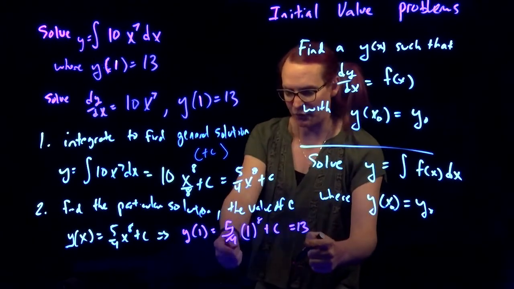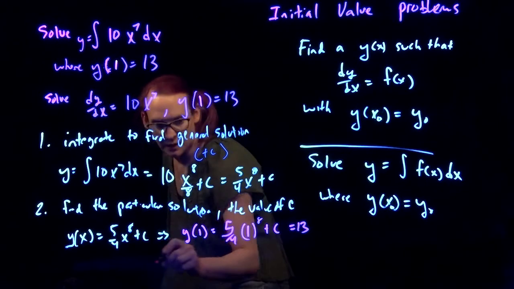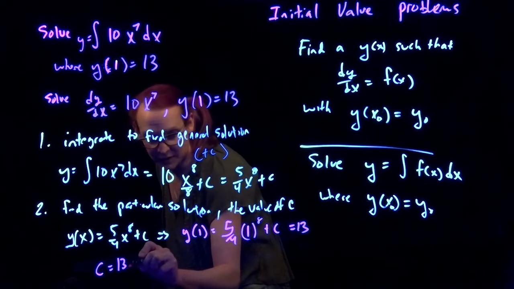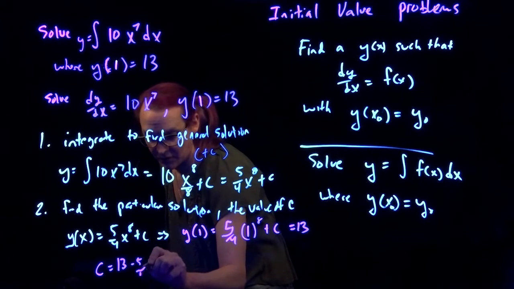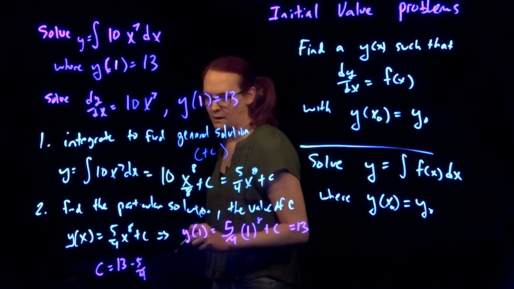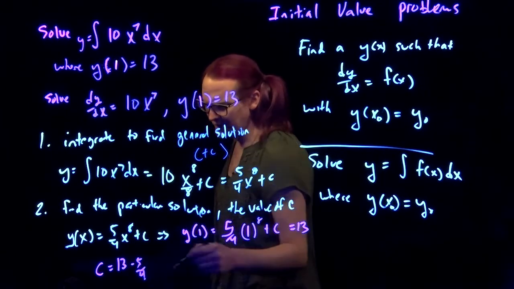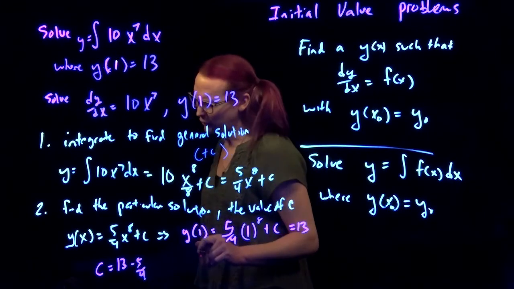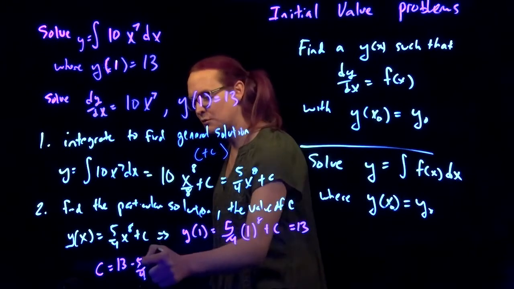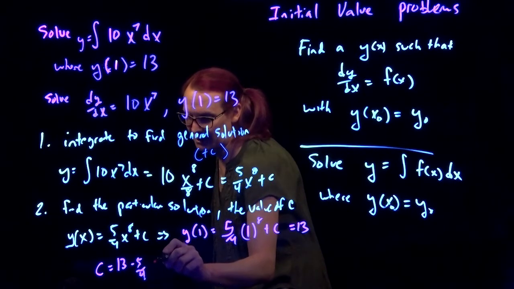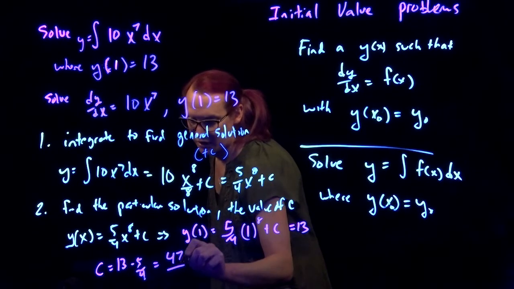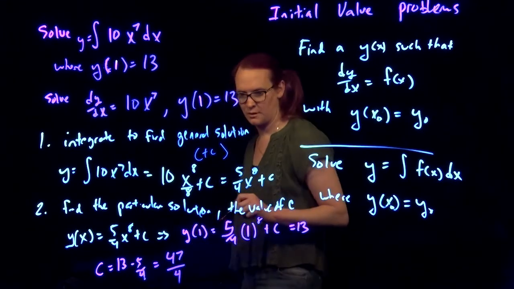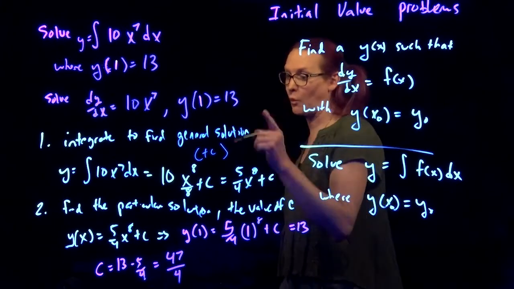So I have 5/4 plus c equals 13, which means that c is equal to 13 minus 5/4. And let's see here, 13 is equal to 26 over 2, which is 52 over 4. And 52 minus 5 is 47 over 4. Yep. So that's my value for c, but I'm not quite done.